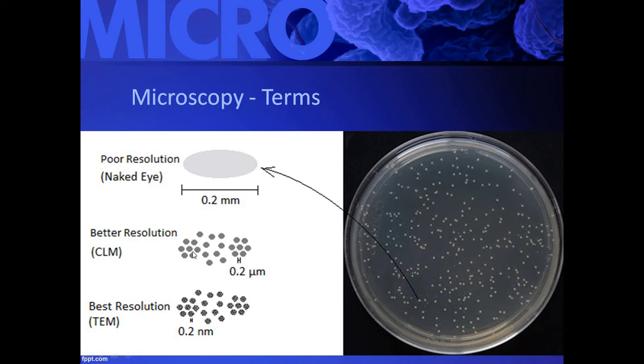The compound light microscope has a resolution of 0.2 micrometer, while the naked eye has a resolution of 0.2 millimeter. So what are these numbers? These numbers reflect the distance at which the naked eye or the microscope can make a distinction between any 2 points.